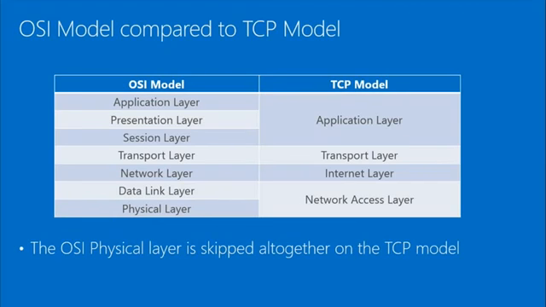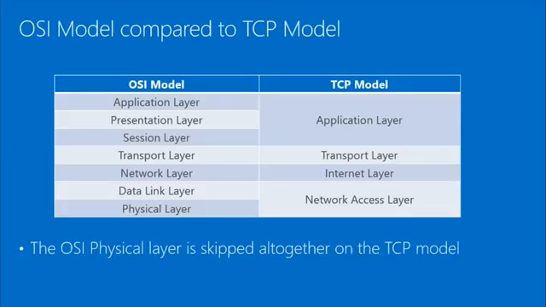Let's take a look at the OSI model compared to the TCP model. Again, you see here the OSI model, 7 layers, and the TCP model, 4 layers. The application layer in the TCP model is equivalent to the application, presentation, and session layers in the OSI model. Transport layers are equivalent. The network layer routing in the OSI model is similar to the internet layer routing in the TCP model.